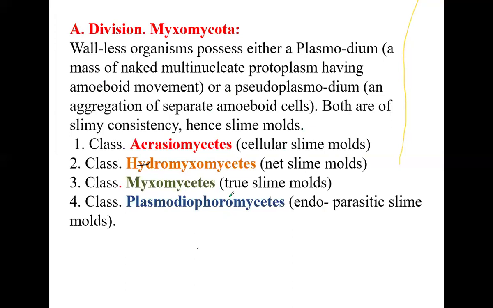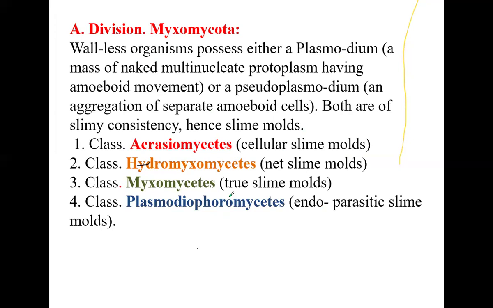Then you see, what we have told you, the false fungi and true fungi. False fungi, Myxomycota or slime molds, are divided into four classes. How many classes? 4 classes. What are those?